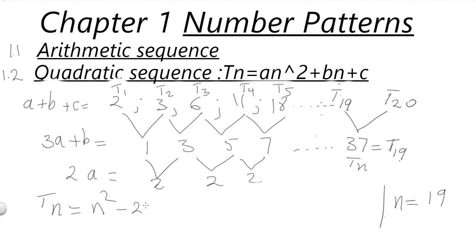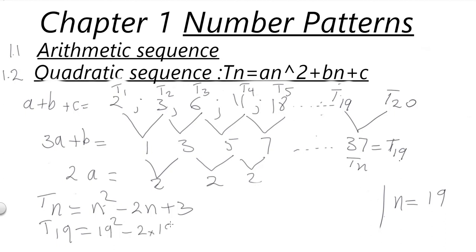Now, T19 will be 19 squared minus 2 times 19 plus 3.